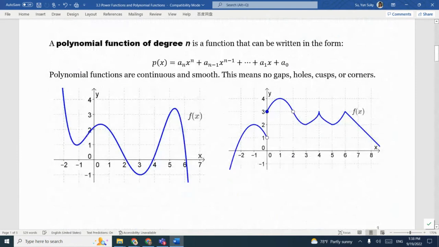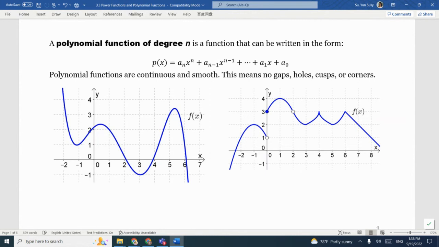Okay. A polynomial function of degree n is a function that can be written in the form a sub n x to the n plus a sub n minus 1 and so on. The sub n means it's an index. So a sub n is like a number, a scalar. Okay, everybody? That's the coefficient of x to the n. And all these a sub i's are the coefficients.